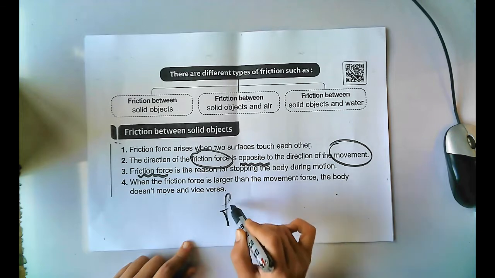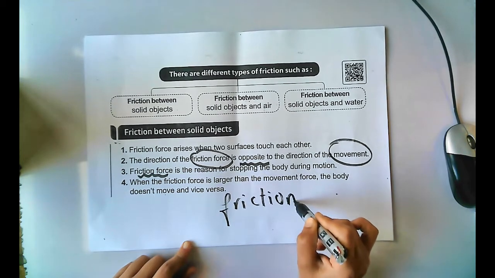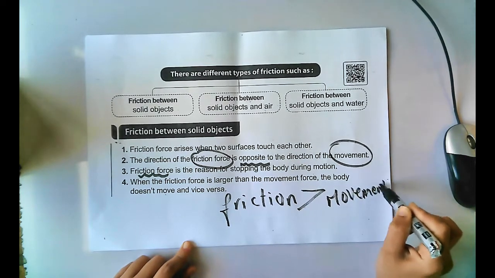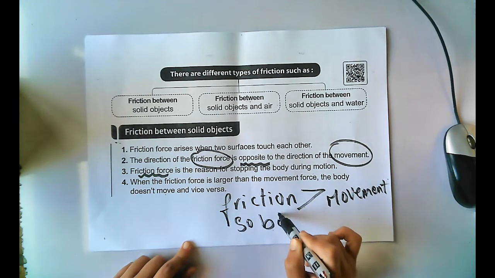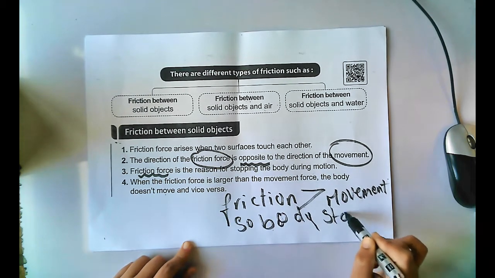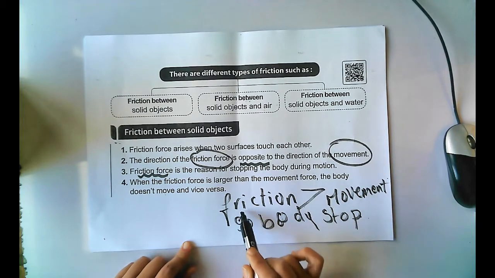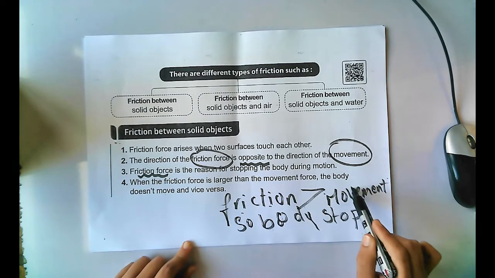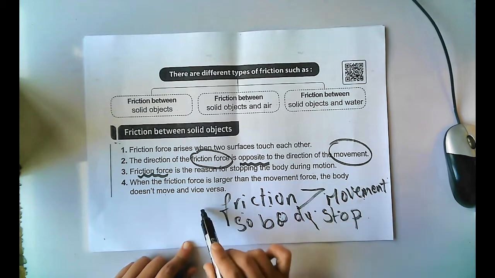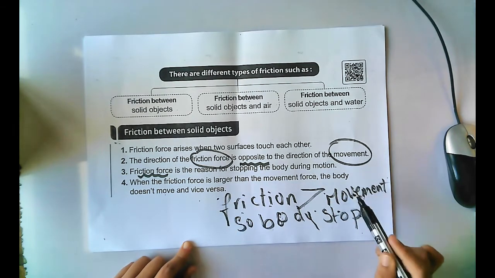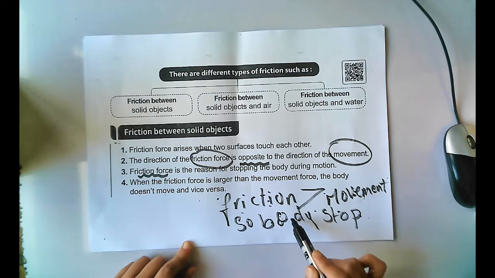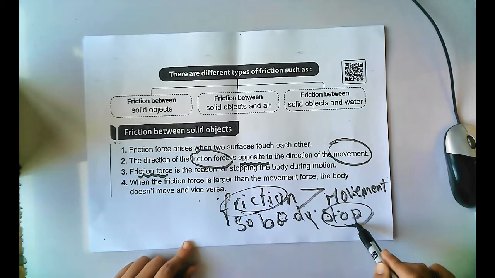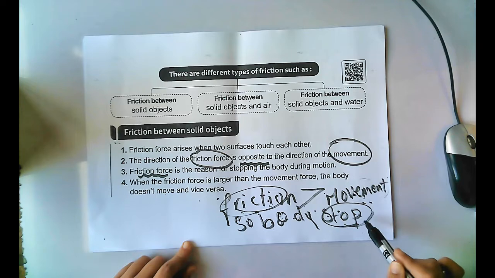So if the friction is larger than the movement, the body stops. What's meant by vice versa? It means that if the movement is larger than the friction, the body will move. So if the friction is large, the body stops. If the movement is large, the body will move.